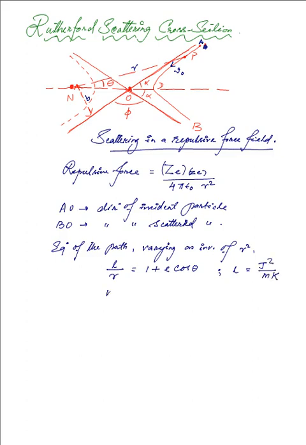In this case, k is all that remains in the repulsive force if we leave the r squared out. And so k over here is capital Ze and small ze, both of them, divided by 4 pi epsilon naught. So that is what we have for the value of k.